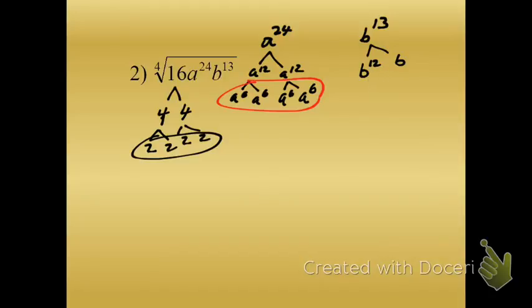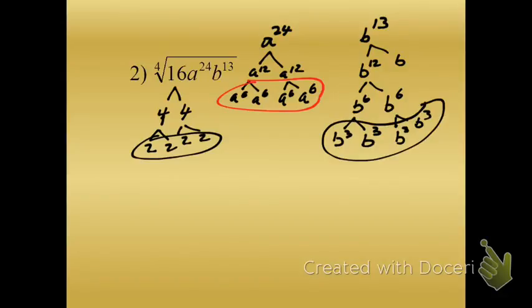And now I can break up b to the 12th into b to the 6th, b to the 6th, and then b to the 6th as they go b cubed, b cubed, b cubed, b cubed, and then there's your 4 b cubes. In this case, you're left over this one lone factor of b.